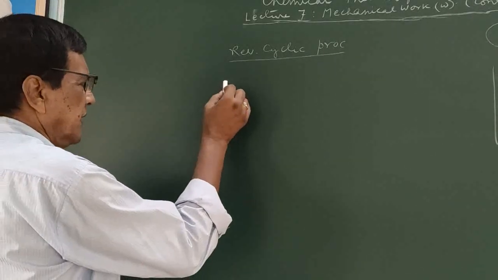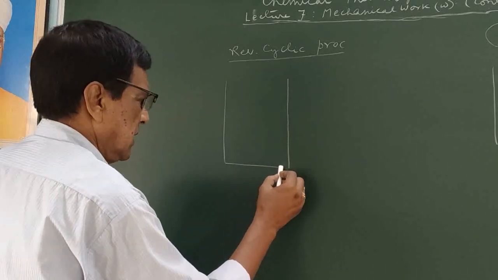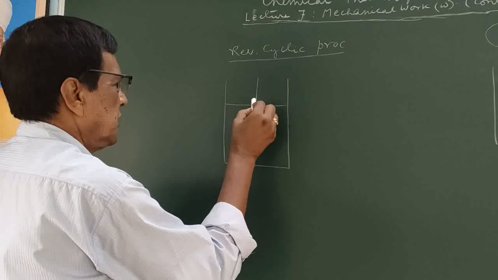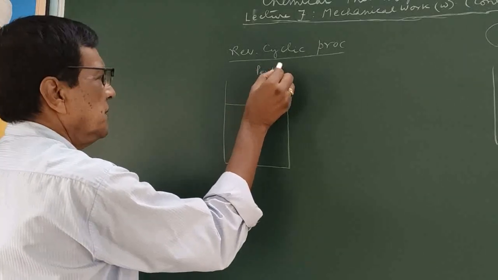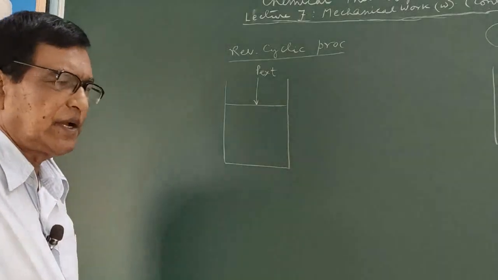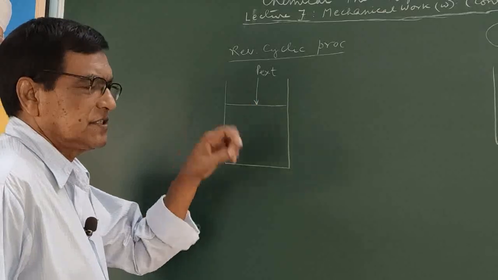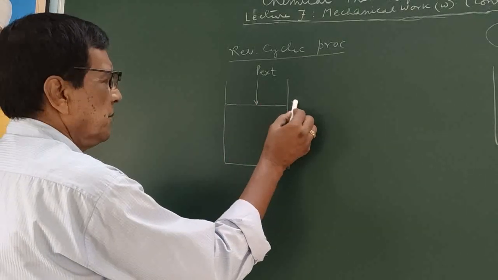We can draw a picture, and this is the external pressure. P external means pressure exerted by this piston, or by putting weight over the piston, and it is V1.